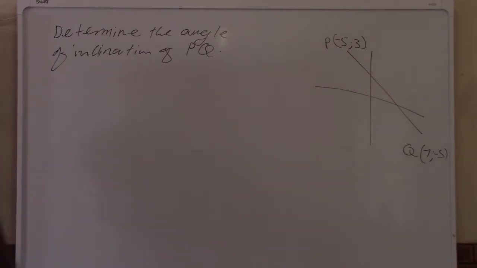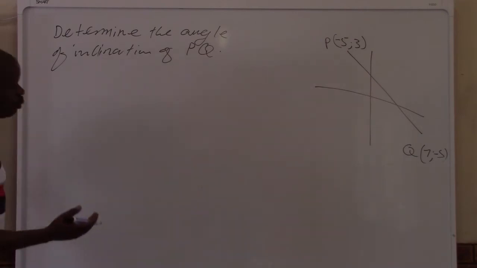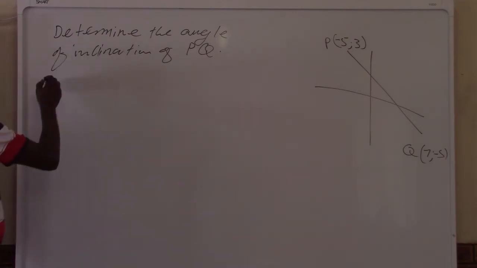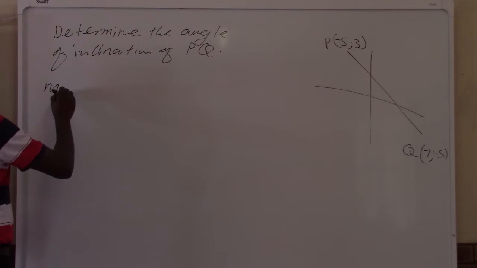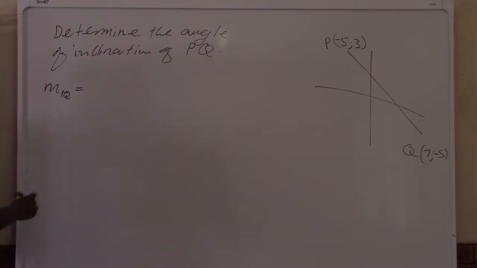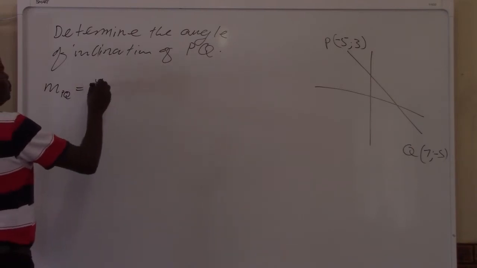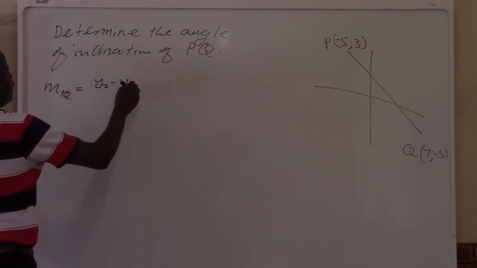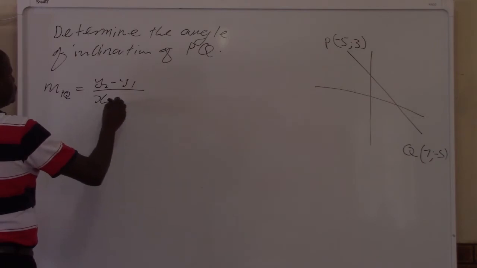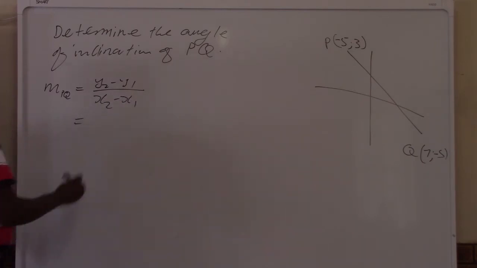Because we don't know the gradient yet, we must first find the gradient. So what are we going to do? We will say the gradient of PQ is equal to the change in y, which is y2 minus y1 over x2 minus x1.